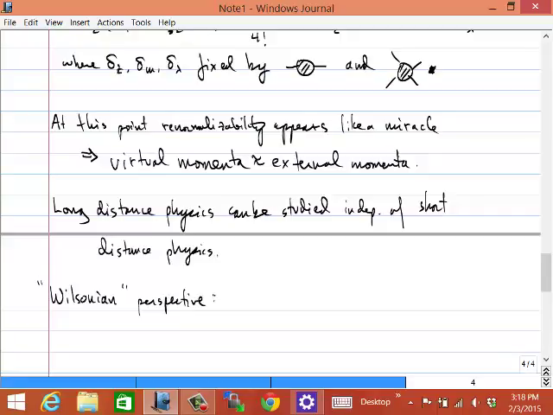is not that renormalizable theories are some miraculous special thing that we're incredibly fortunate to have, but that renormalizable theories are the universal dynamics that describe physics at low energies.